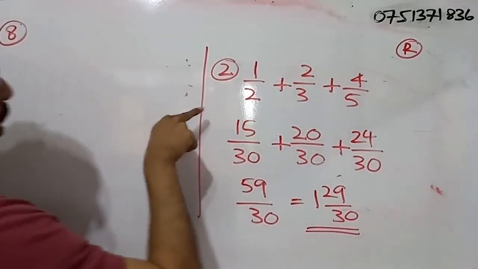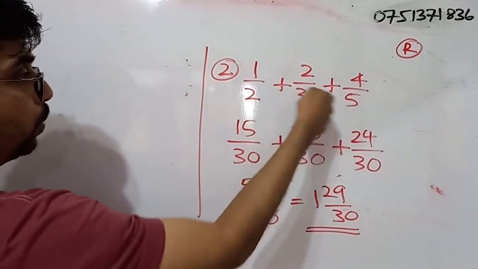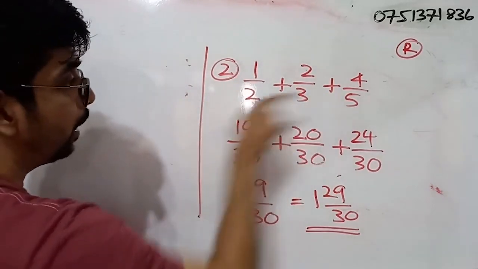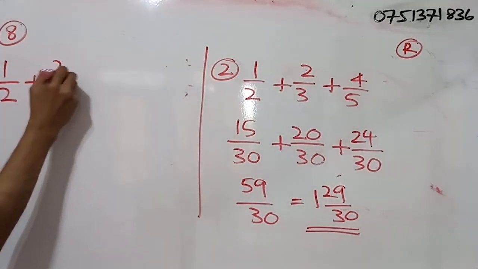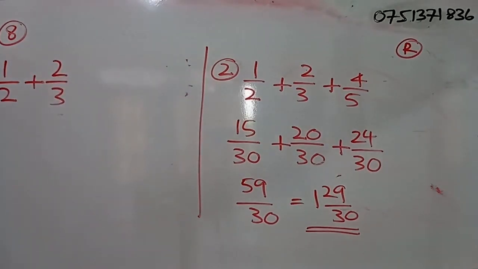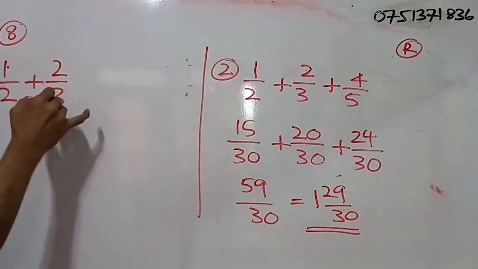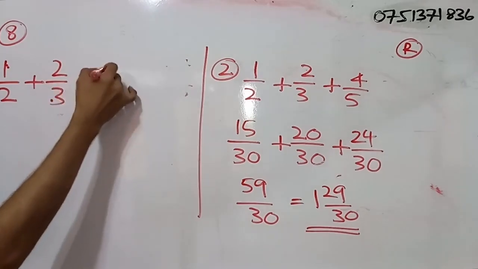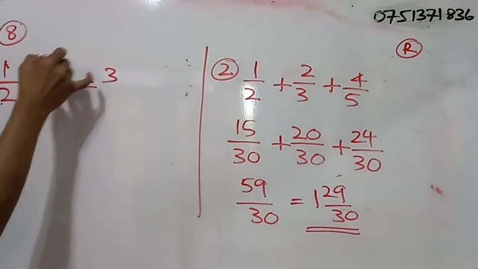According to the BODMAS rule, we have to start from here. No, we need to add. So we have to start from the half, then work our way in this direction. So 1 by 2, we have to add 2 by 3. What do we do? Take this one and multiply it by 3. Cross multiplication. 1 times 3, we know that is 3. Take this 2, multiply it by this 2.